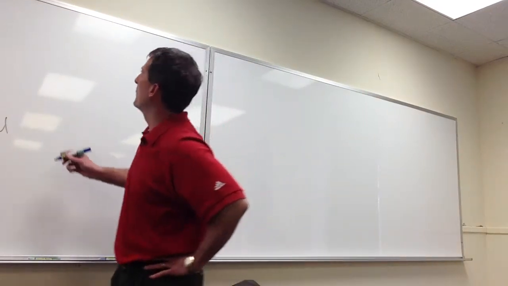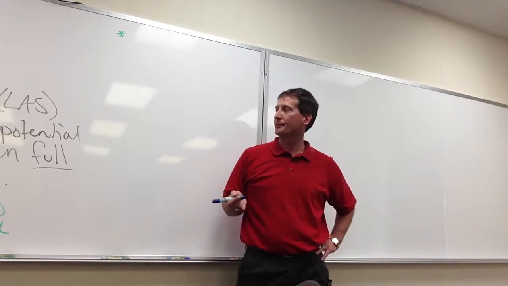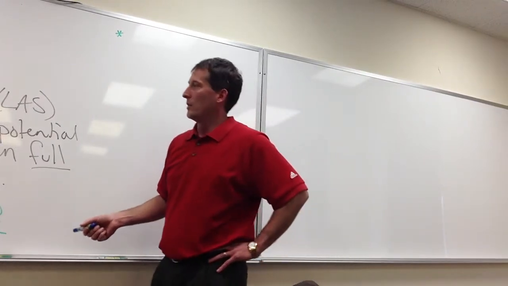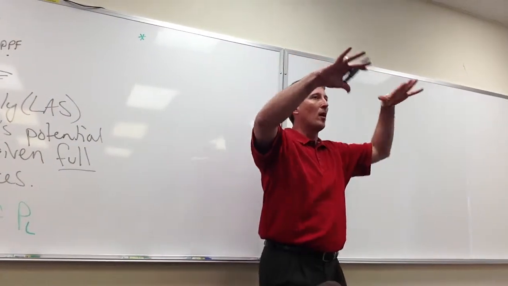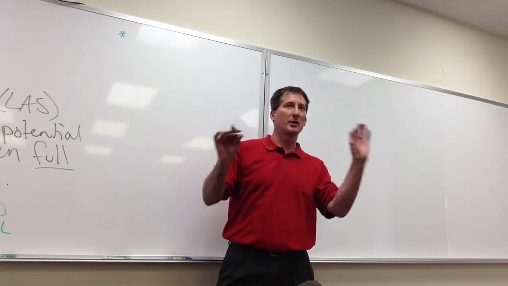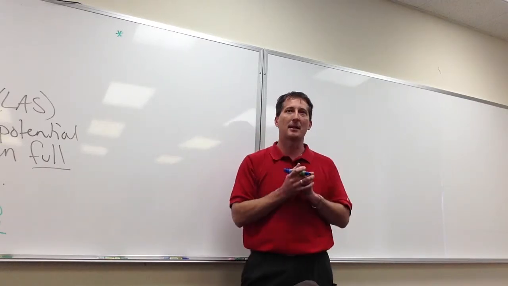Now that's a little bit weird too. I want to make sure we flesh out the weirdness. The reason that holds is that if the price level's going up, all prices are going up. Resource prices and output prices. That's the key to that statement.